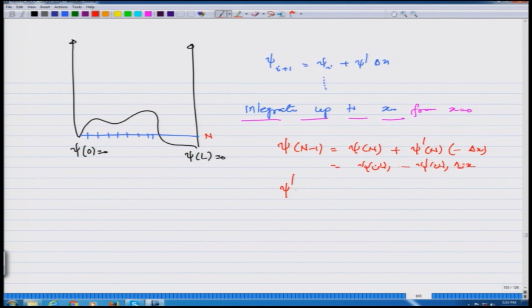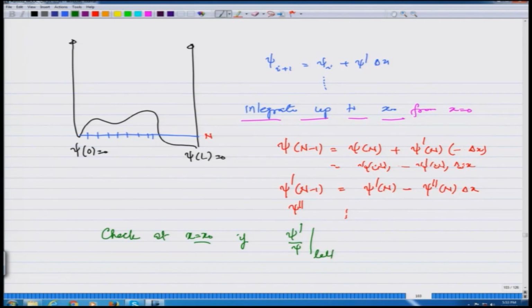You go psi prime n minus 1 equals psi prime at n minus psi double prime n delta x, and then you update psi double prime, and so on. So, you build up the solution the other way, and then check at x equals x 0 if psi prime over psi left is same as psi prime over psi right.